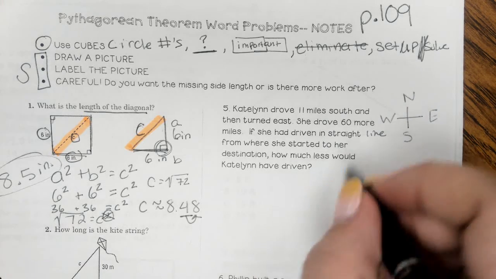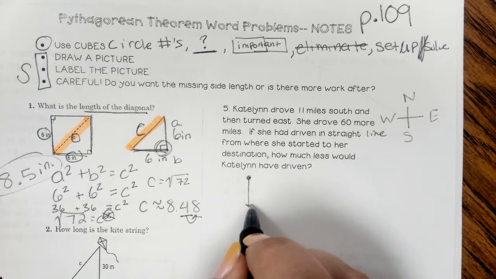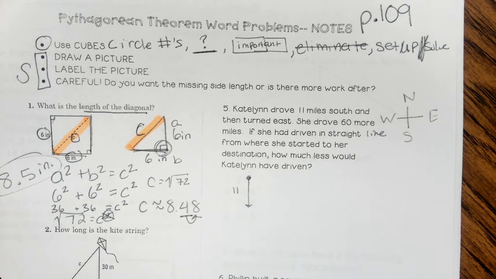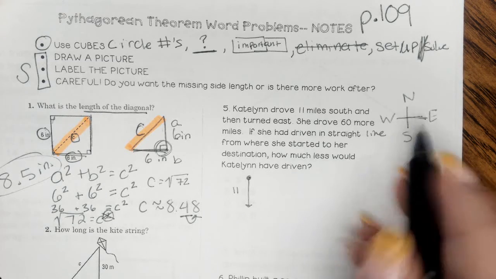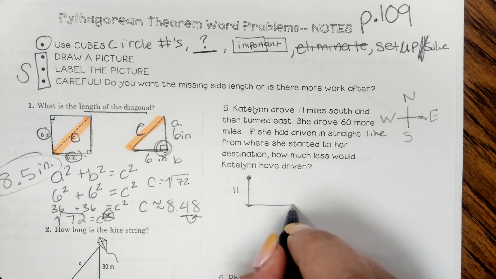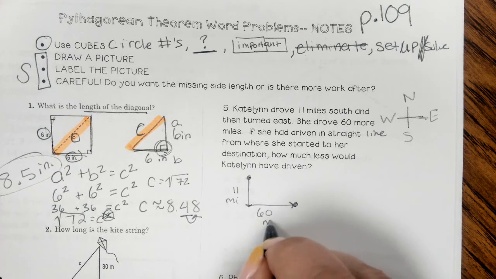Okay. So Caitlin, if she starts here and drives 11 miles south, she's driving down 11 miles. Then she turns east. This is east, so she turns this way, and she drives to her destination 60 miles.